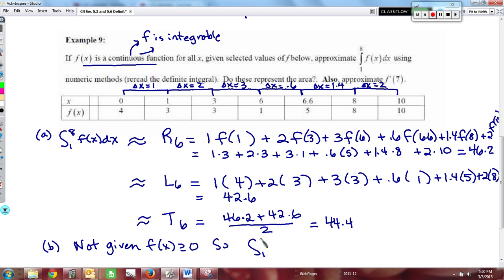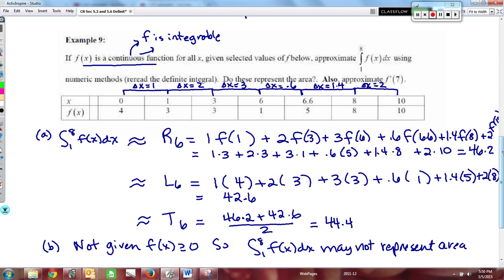So the definite integral from 1 to 8 of f of x dx may not represent area. And by area we mean the total area, because we don't know if it went below or above, so we can't be 100% sure that this actually is the area, that they are the same.